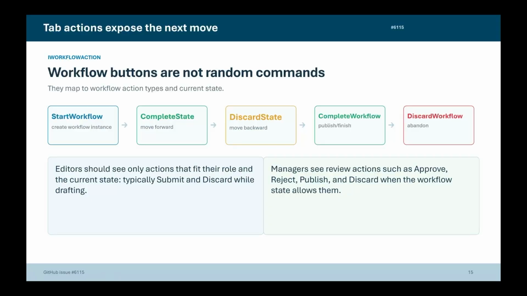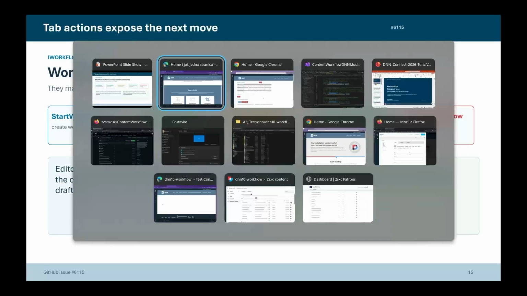We can go backward with the discard state, and a manager can complete the workflow. So that is actually the publishing action. So move the workflow to the end, or discard the complete workflow, so undo everything that is done. And these actions or functionalities are visible as buttons at the bottom of the page.